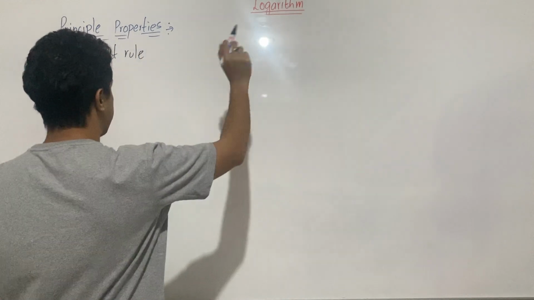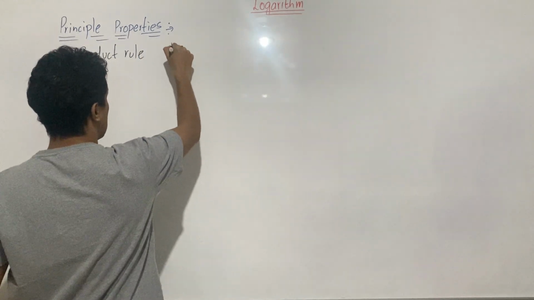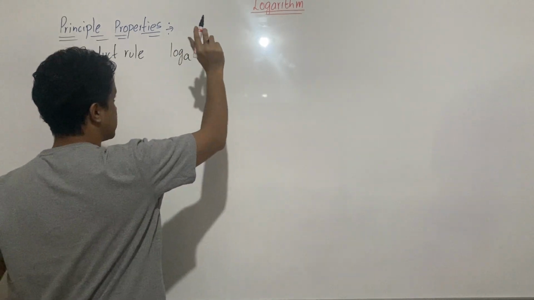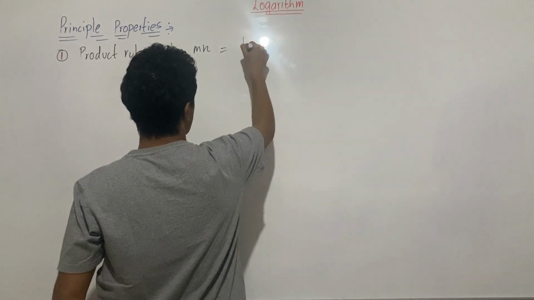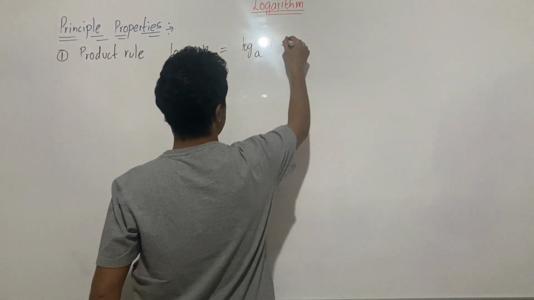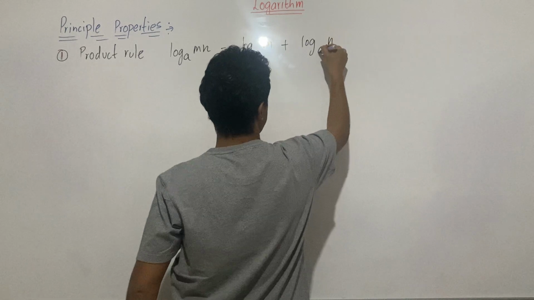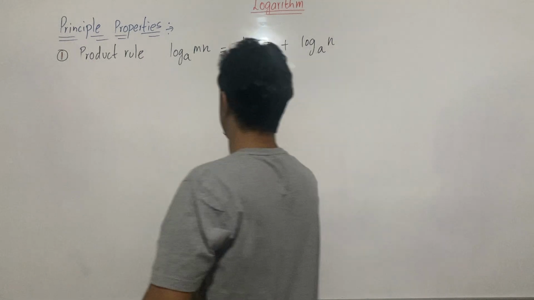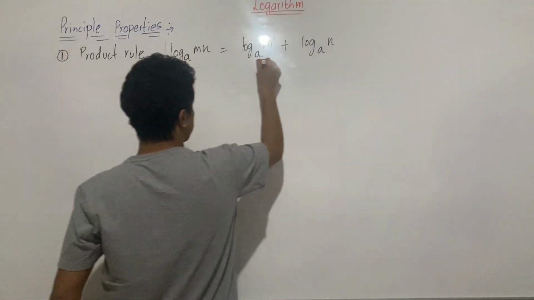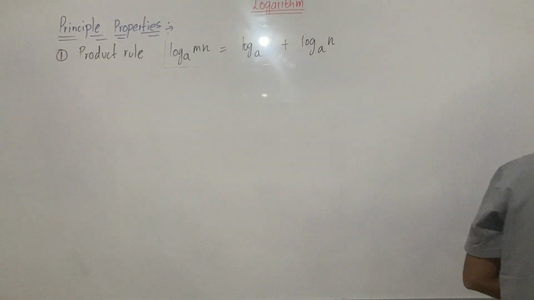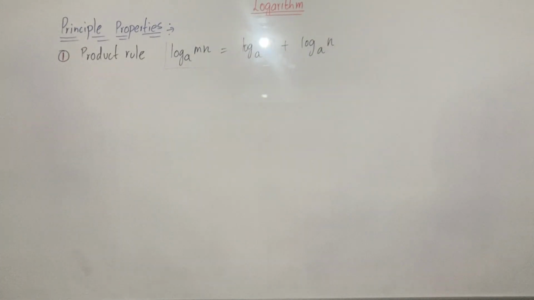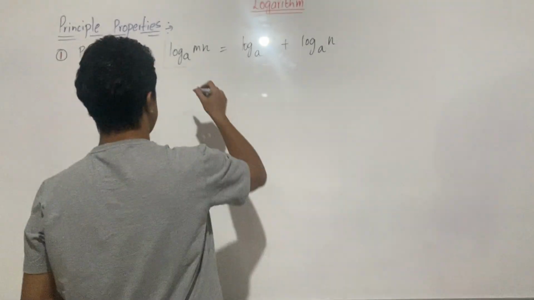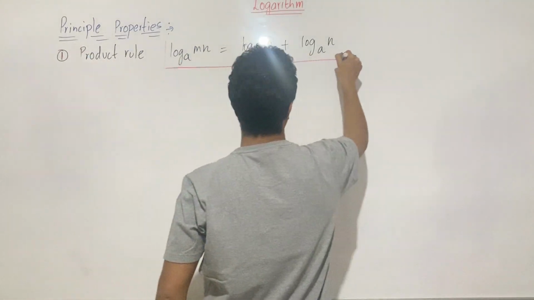And it says that log mn to the base a is equal to log m to the base a plus log n to the base a. This is the product rule.